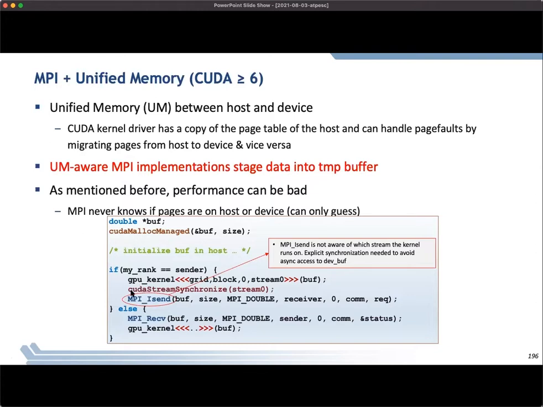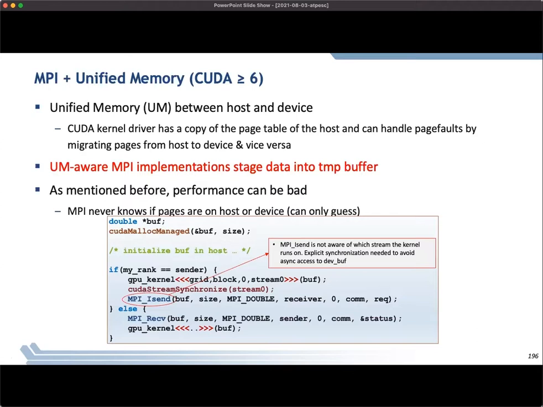Without this stream synchronize call, the kernel launch will start and then return when the kernel is launched. But at that time, the kernel is most likely still running, and the GPU-aware MPI Isend is not aware of that. It will try to send the data immediately while the GPU might still be writing data into that buffer. So that's why you need an explicit CUDA stream synchronize here.